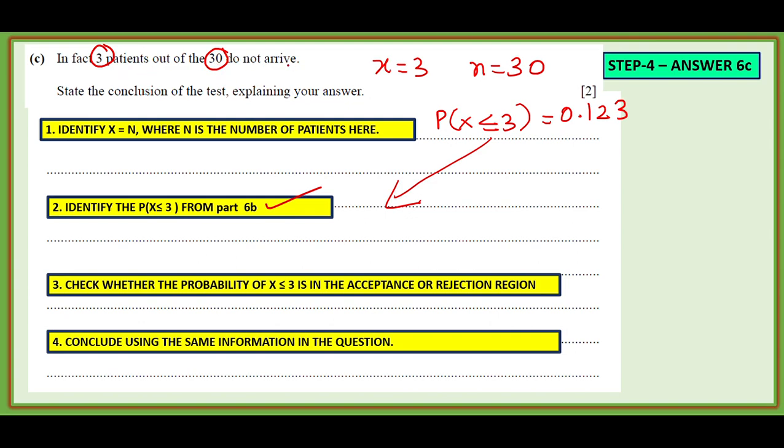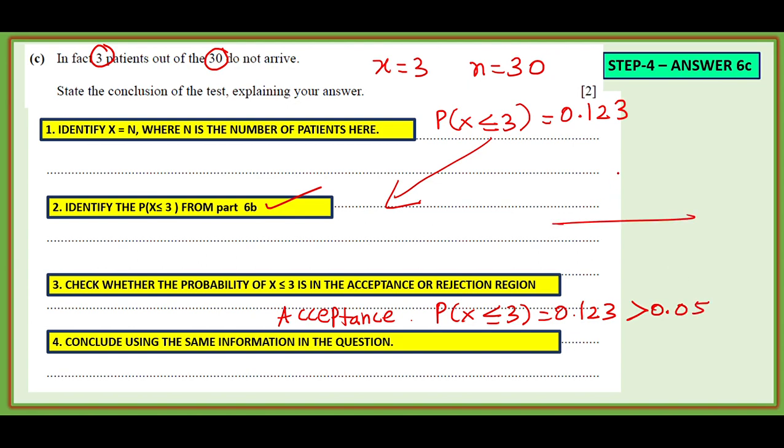We can understand that 3 patients out of 30 not arriving means it is in the acceptance region, and you can understand that there is no evidence that it is not in the acceptance region. Why is it in the acceptance region? Because the probability of x less than or equal to 3, which is 0.123, is greater than 0.05.